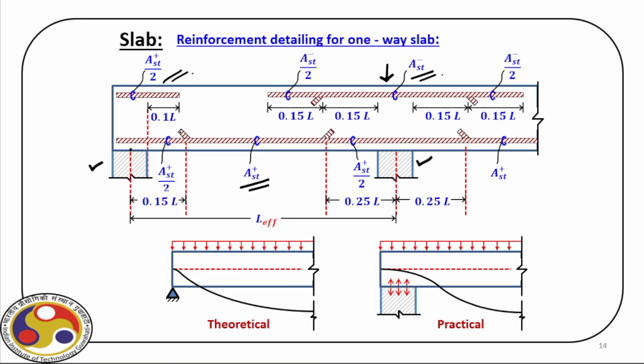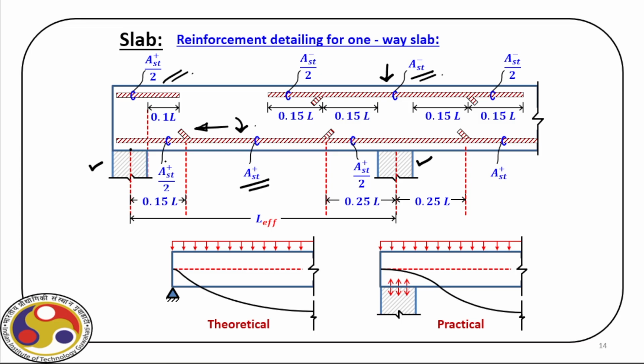Now these rebars, for example, the rebars at the middle, as we go towards this end, we can curtail them up to a certain point. And in the previous lecture, we have discussed in detail what should be the region for curtailment, right?